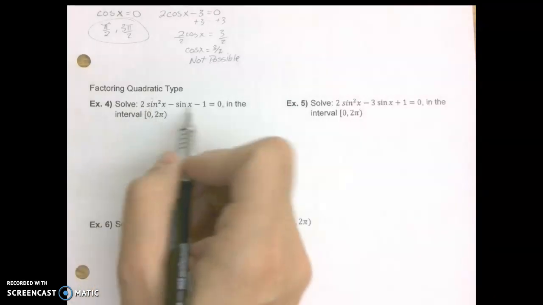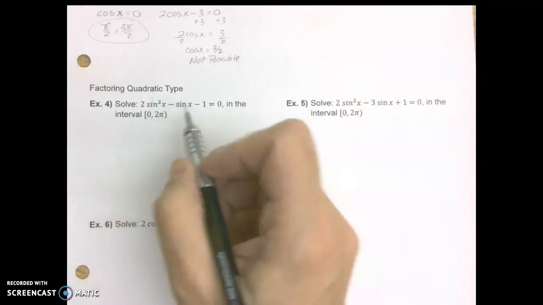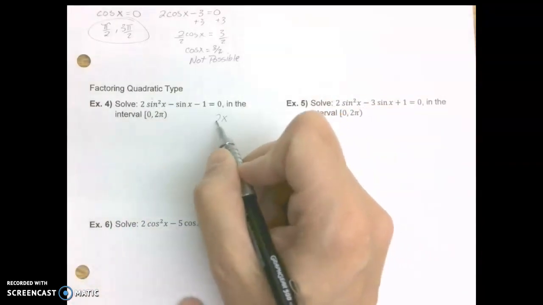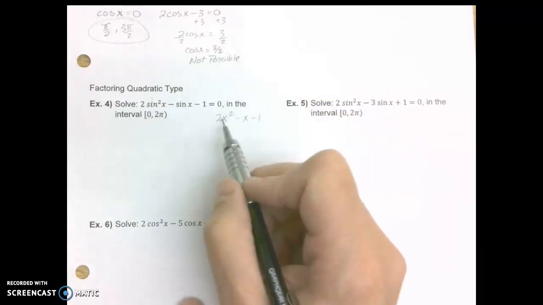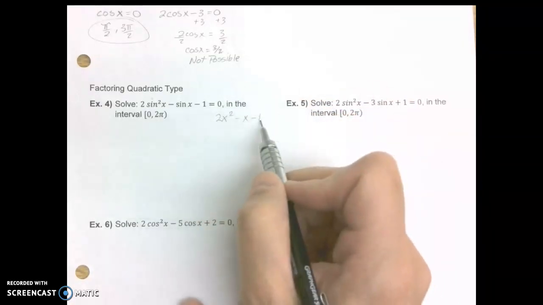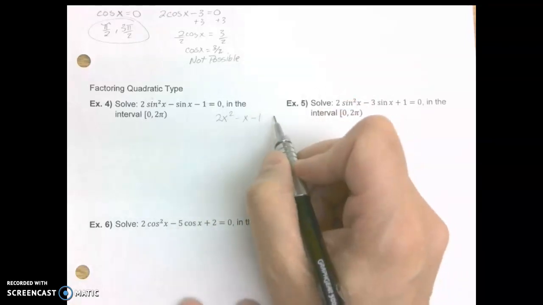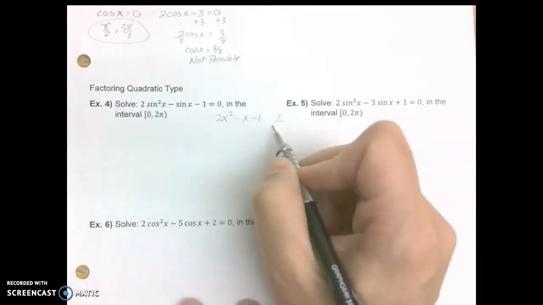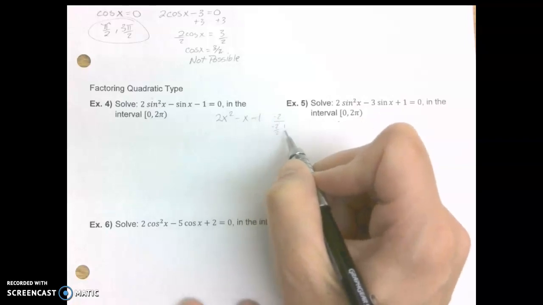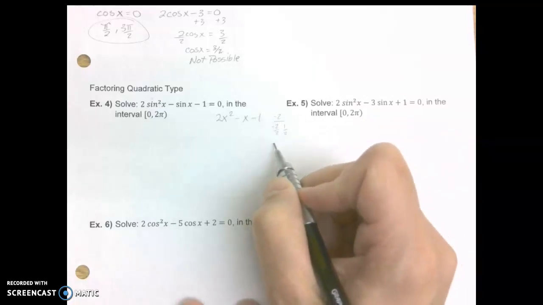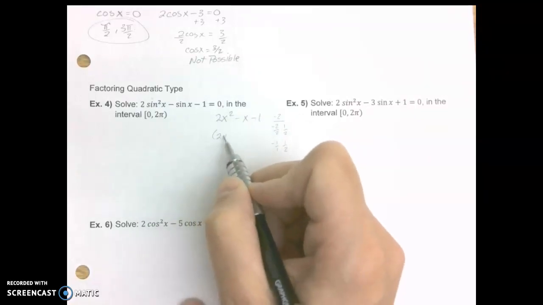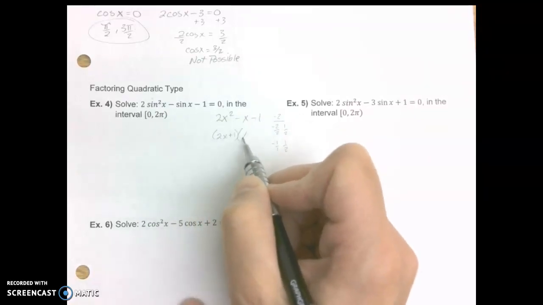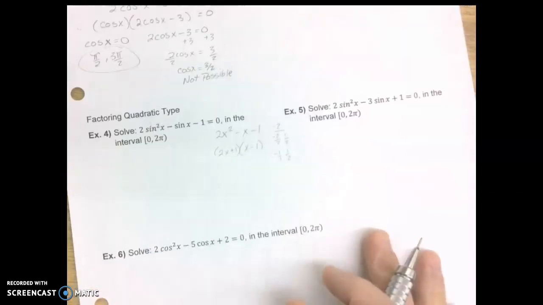So it's actually already in standard form, and that would be almost like a 2x squared minus x minus 1. When I go through and I factor, I get a negative 2, factors of negative 2 would be negative 2 and 1, divide by the leading coefficient, and that's a negative 1 over 1 and a 1/2. So that will be 2x plus 1 and x minus 1.